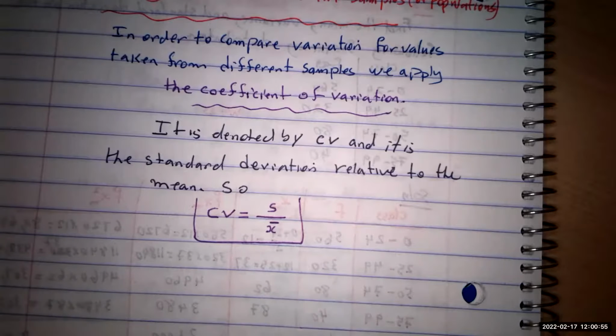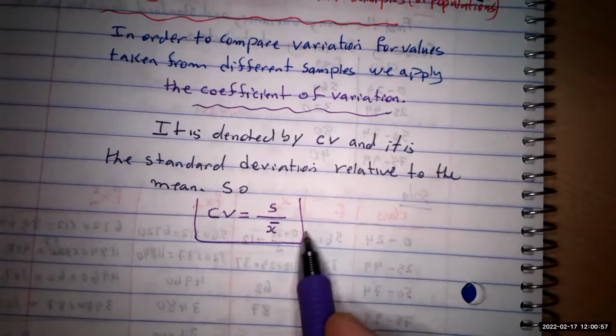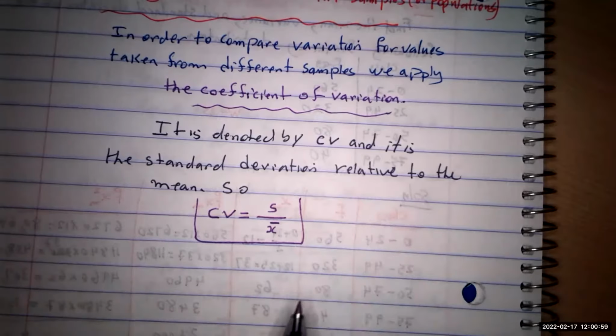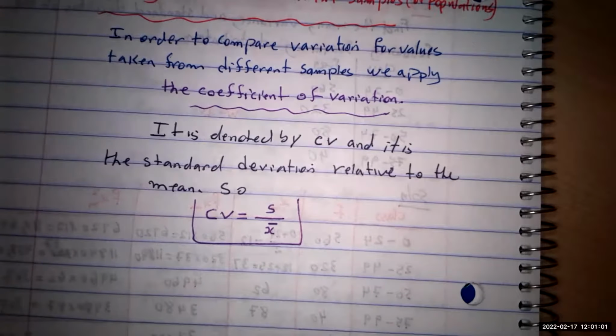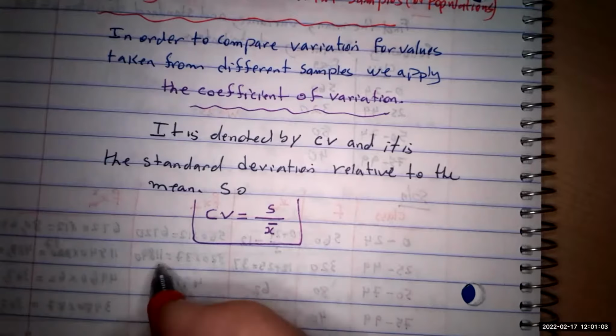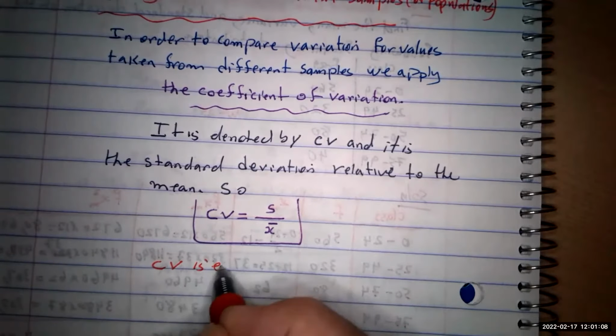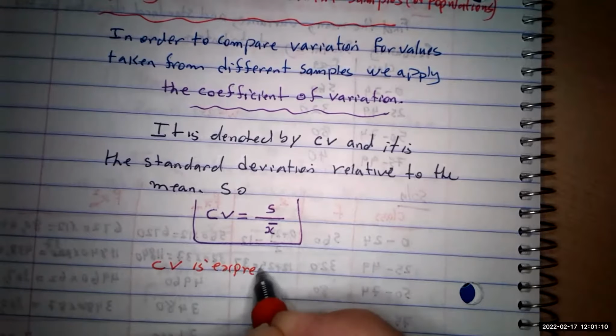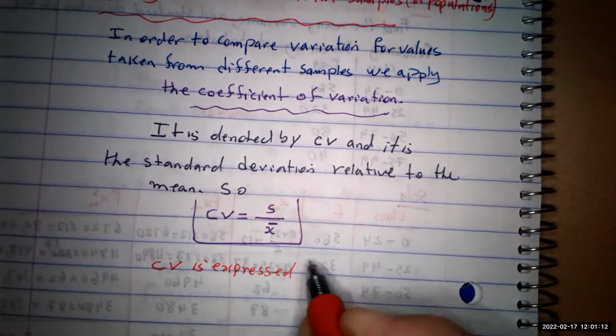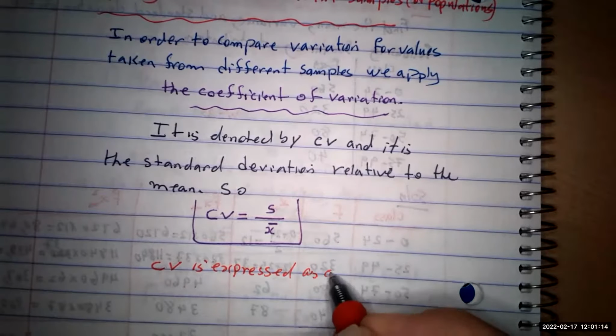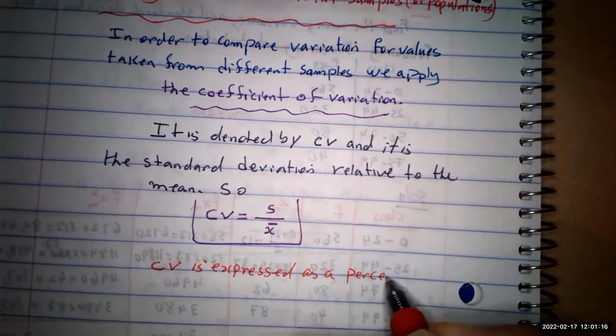In your book, they write it down here times 100%, but I'm telling you that the CV must be expressed as a percent.